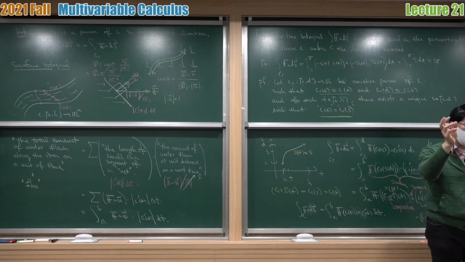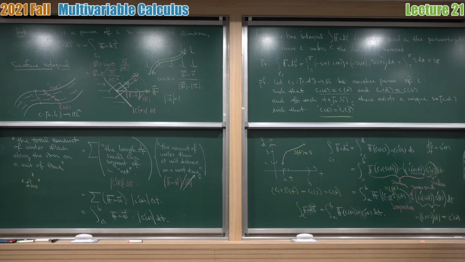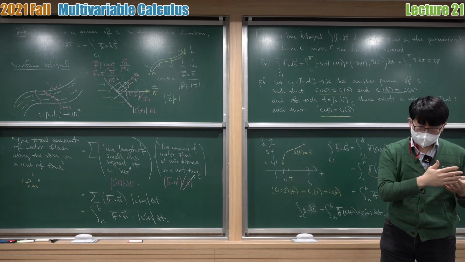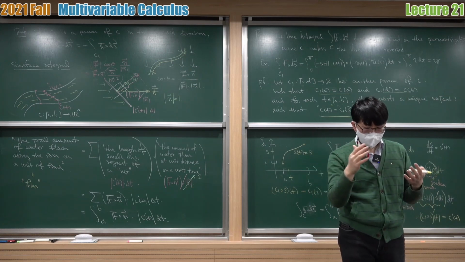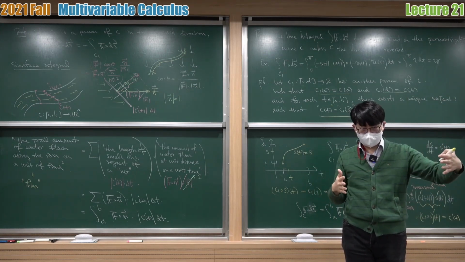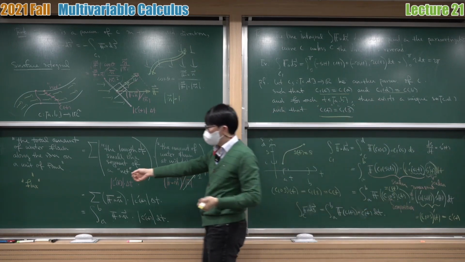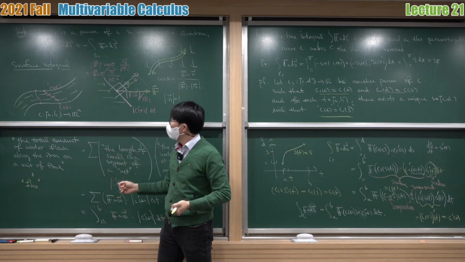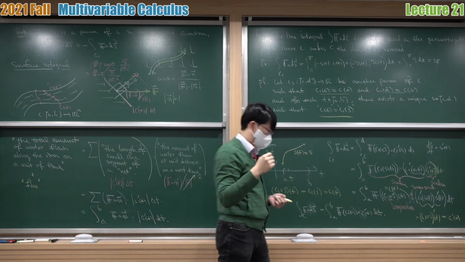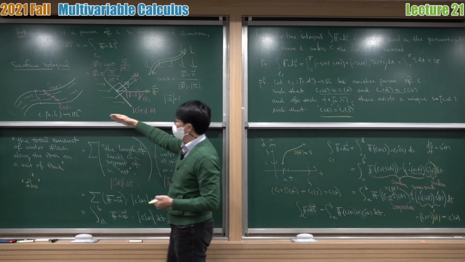So if you are measuring how much, the amount of particle that moved because of this vector field or magnetic field across this section is called the flux. Think about the particles of water that flow into the section here.